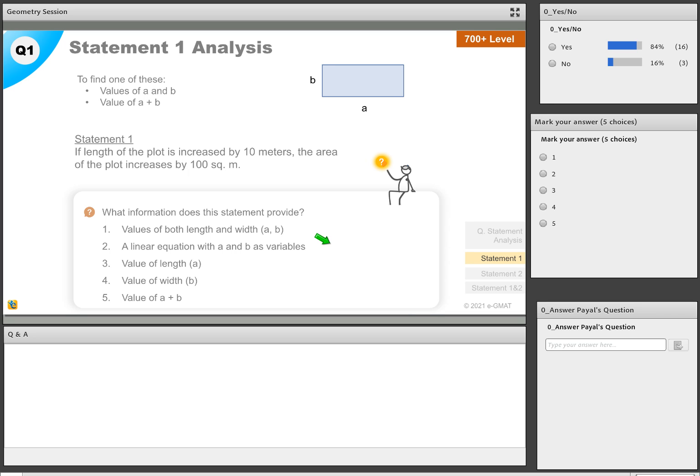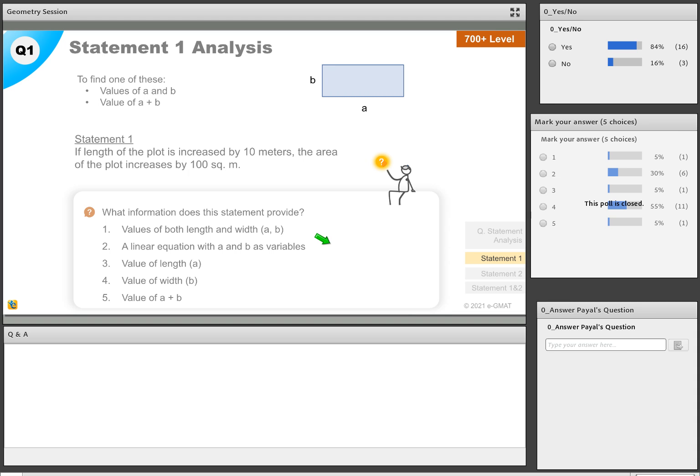Are we able to get a linear equation between A and B, or are we able to get the value of A, or are we able to get A plus B? Tell me, what did your analysis indicate? Okay, I'm going to end the poll here.